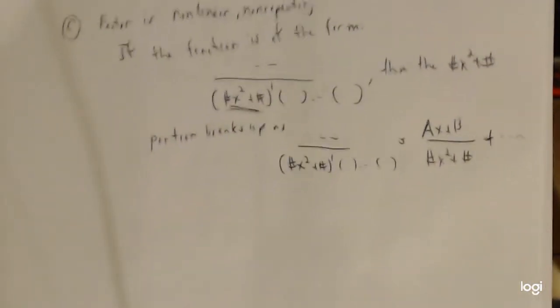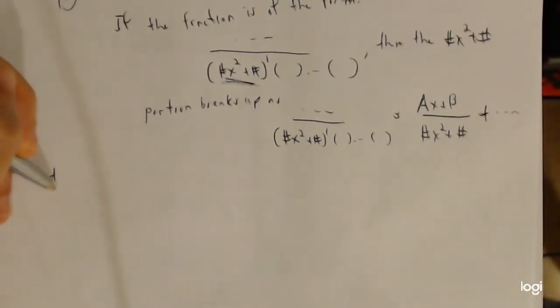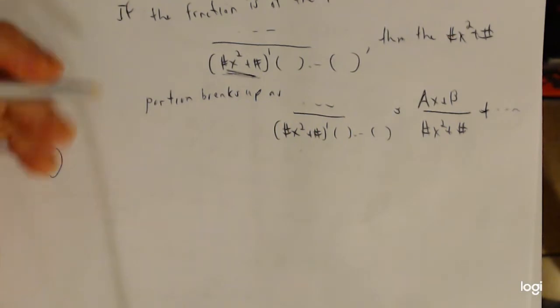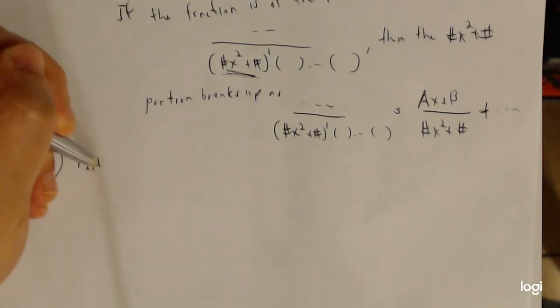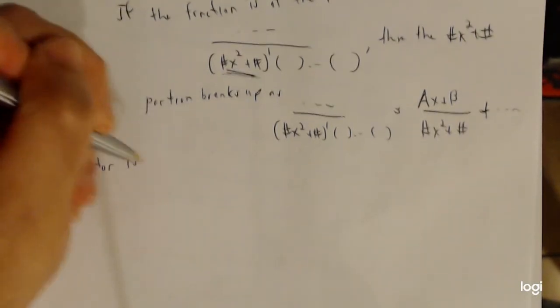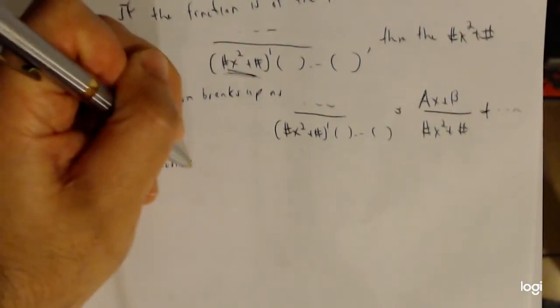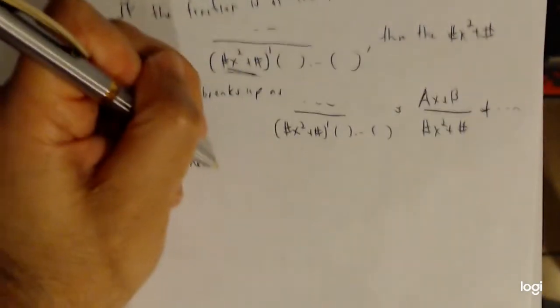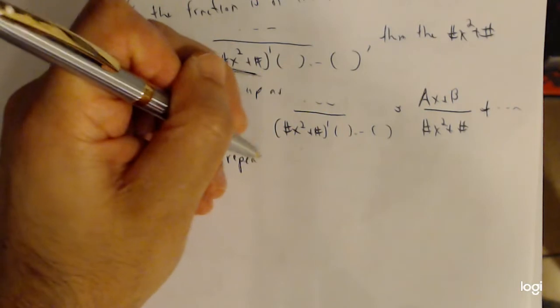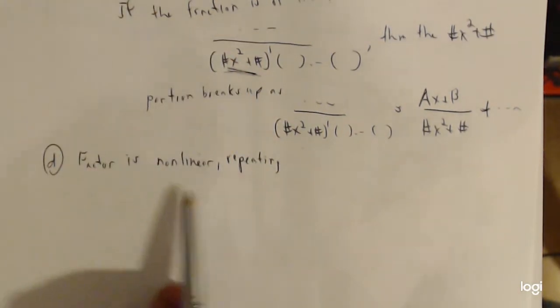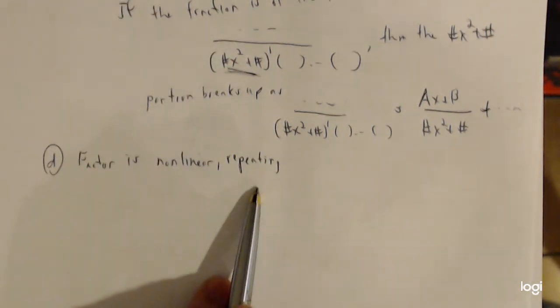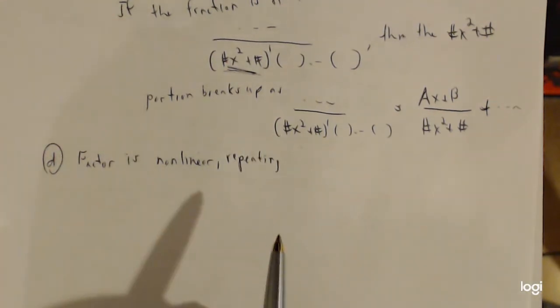Okay, so moving on to the last case, which, what is this? The factor is nonlinear repeating. And by now you probably can guess how you would break it up if it's repeating. It's very consistent with the linear repeating case.